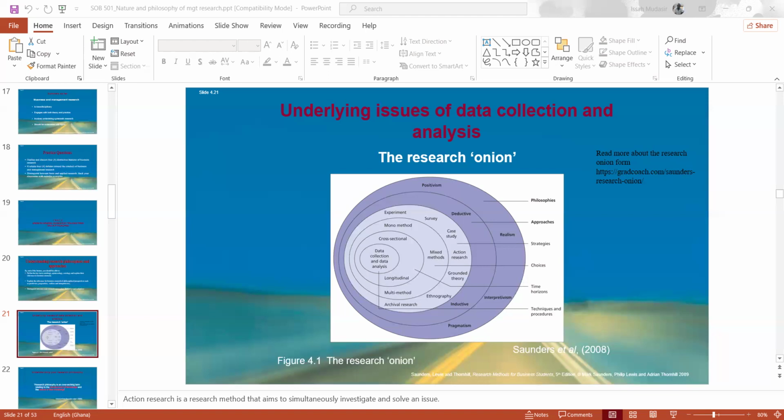Are you using interviews, focus group discussion, self-administered questionnaire, or what are the means of data collection? Are you doing video recording, audio recording, whatever? All those things then come to the inner core of the research only.